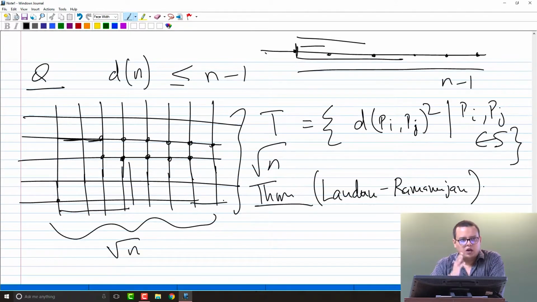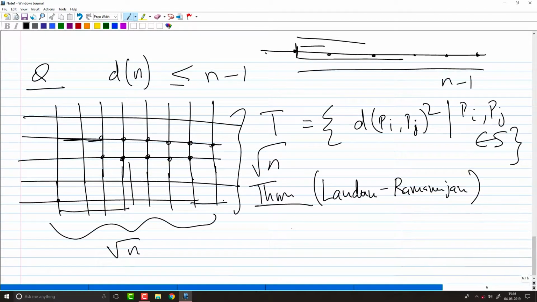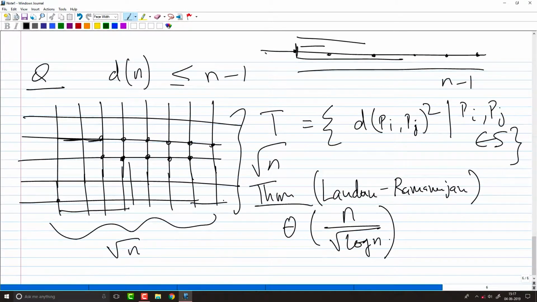It says that the number of integers from 1 to n that can be represented as a sum of squares of two positive integers is theta of n by square root log n. This bound is actually tight.